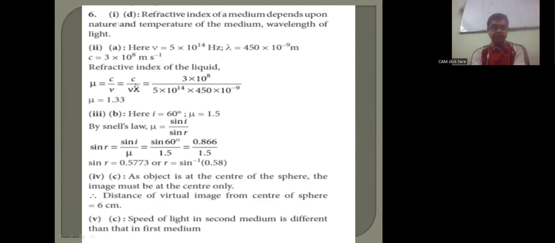Now students, wavelength is given in the question. We know that speed equals distance upon time. When distance stands for lambda, distance upon time is 1 by time period, and 1 by time period is frequency. So speed equals frequency into wavelength. Now all terms are given to you in the question. You can calculate refractive index. Now come to the third one.